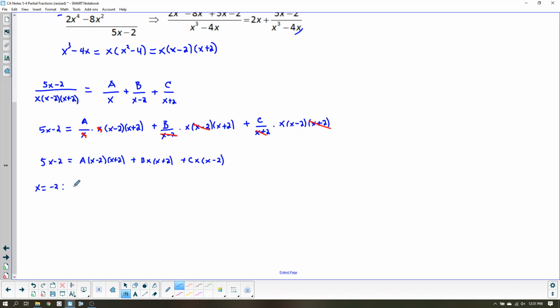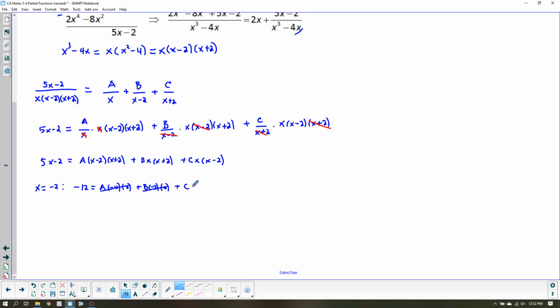All right, so when I plug in negative 2 to the left-hand side, we're going to get negative 12, it looks like. Then on the right-hand side, we plug it into this, we have a times negative 4 times 0. And normally we won't even write this out because that's just going to get wiped out. Then for this term, you get b times negative 2 times 0. Again, wiped out.